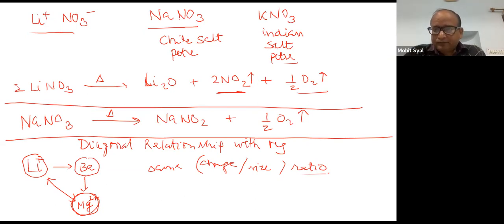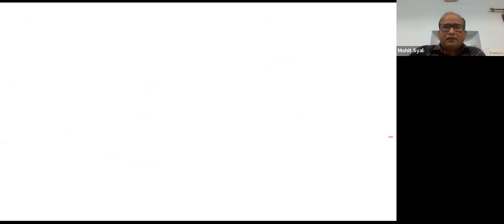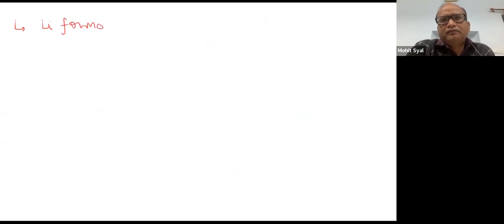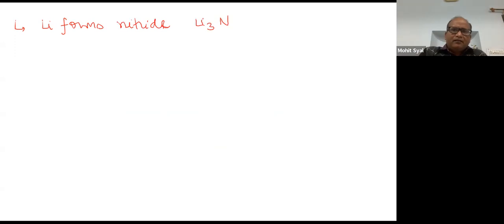a same way. For example, just now we have seen lithium forms nitrate. Only lithium formed nitrate among all alkali metals, Li3N. And magnesium also formed nitrate.